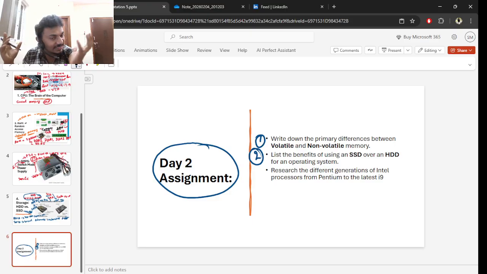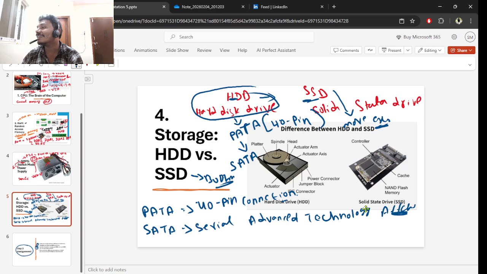And this SSD is an upgraded and faster version of the hard disk. These are the benefits of SSD compared to the hard disk. And these SSDs are very small chips. See here, this is the hard disk. We have these types of hard disks. Then this is the SSD.